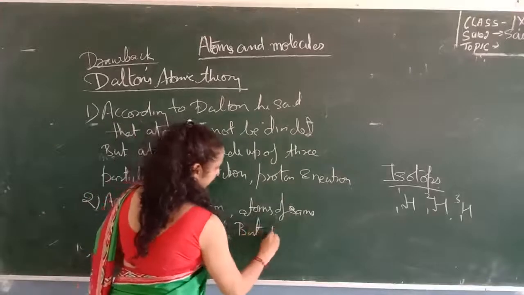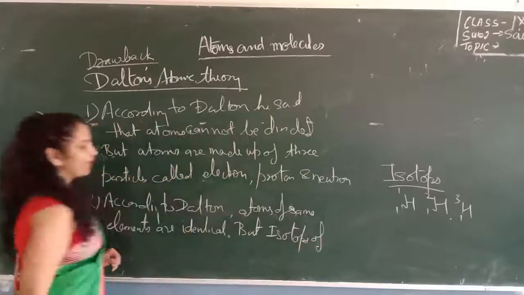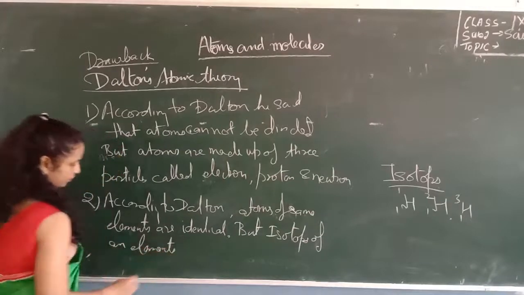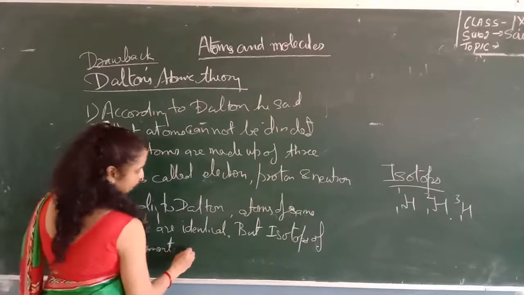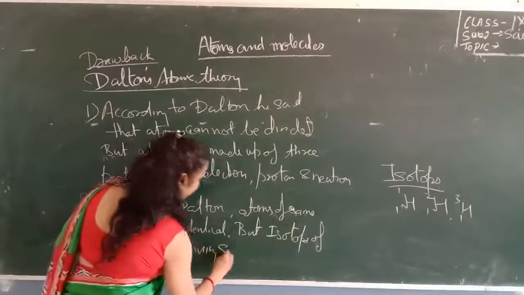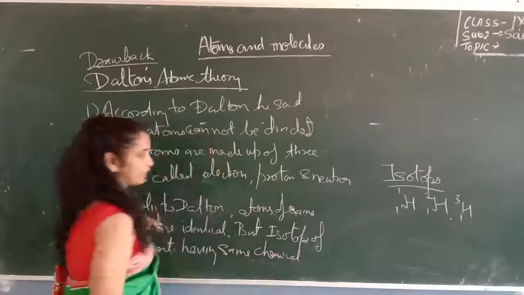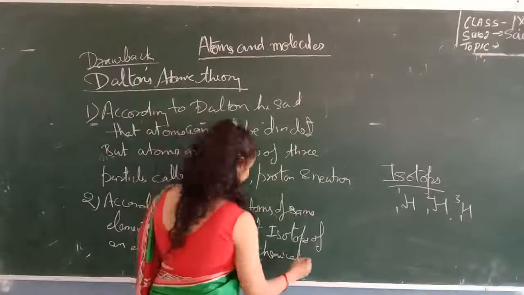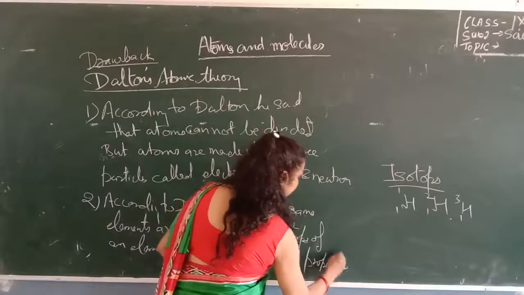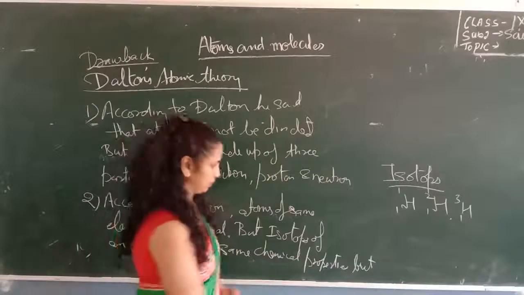Isotopes of an element have the same chemical properties but different atomic mass.